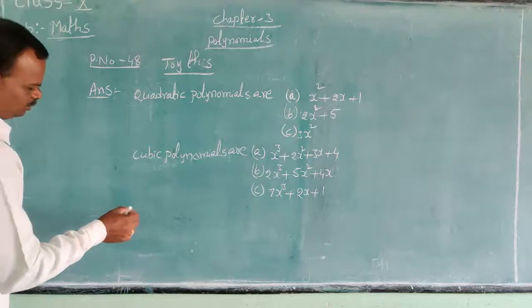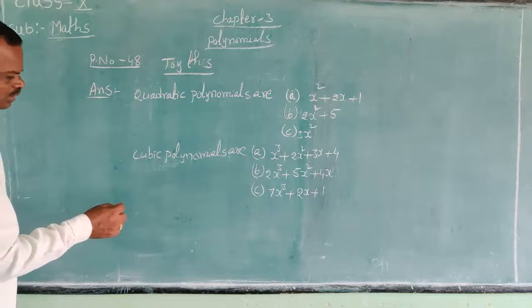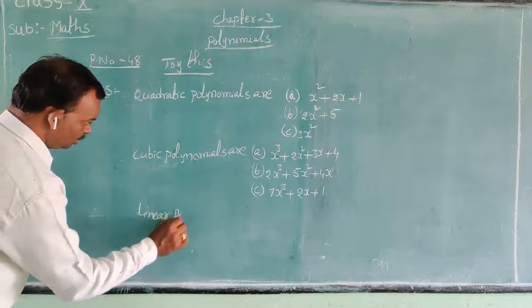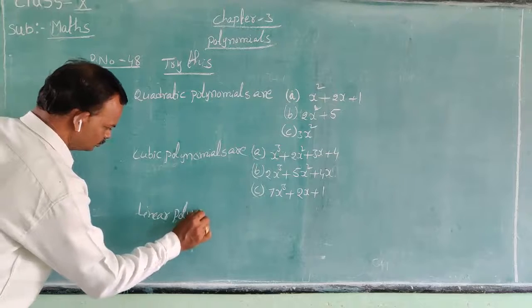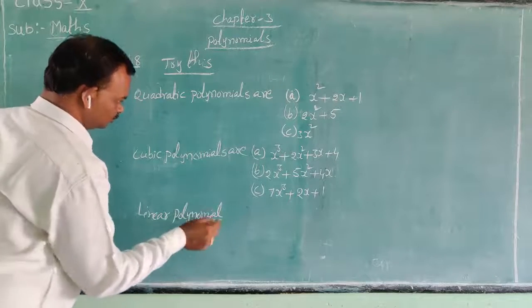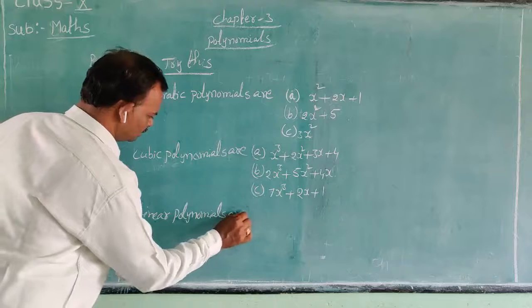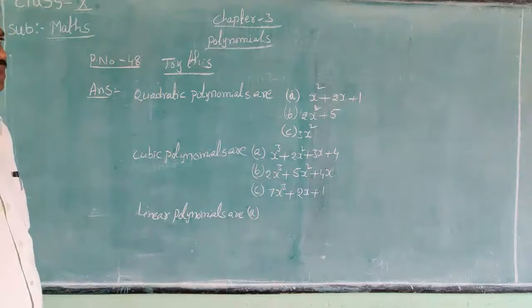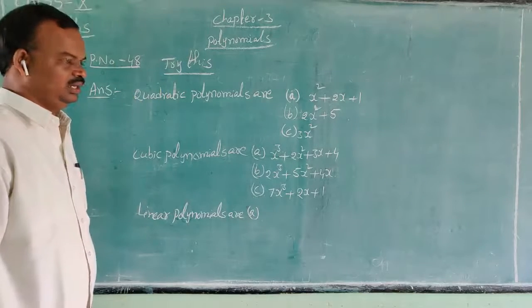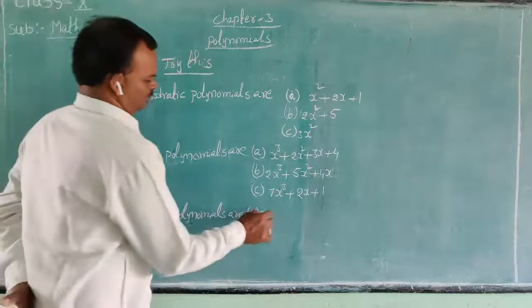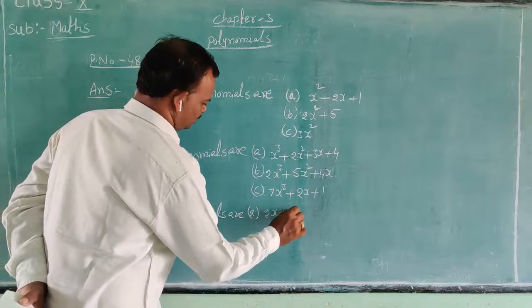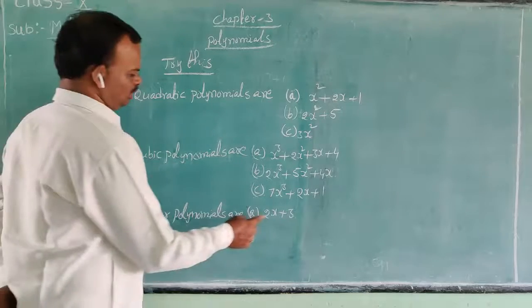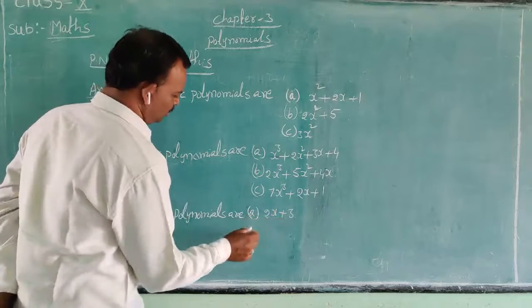Next, two linear polynomials. Linear means it has power 1, it has degree 1. 2x plus 3: the power is 1, so it is a linear polynomial.